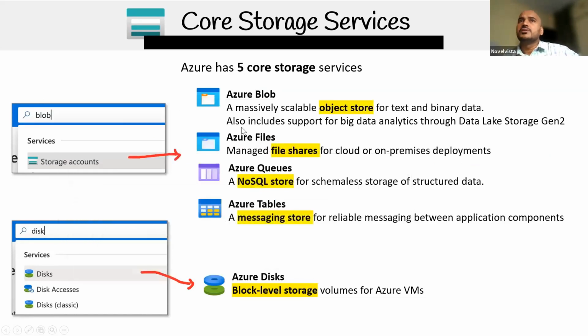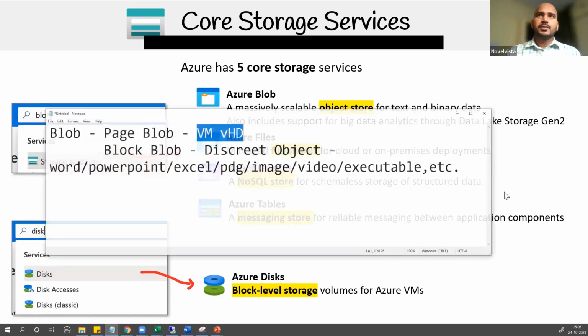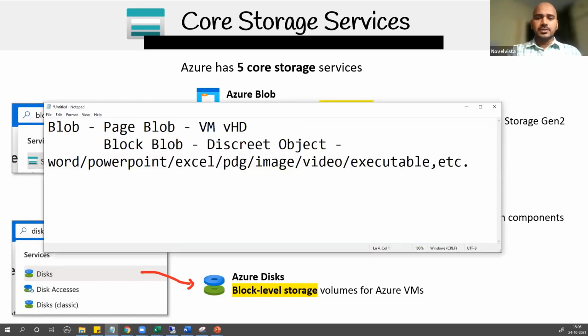Then comes the second service, which is Azure Files. Now this Azure Files is similar to file servers that you use on premises. So in your organization, you may have a couple of file servers. And if you need to access file servers, you basically type in the C drive or in Start Run, // and the file server name, and then the specific folder or file.